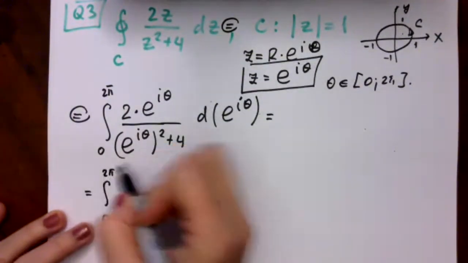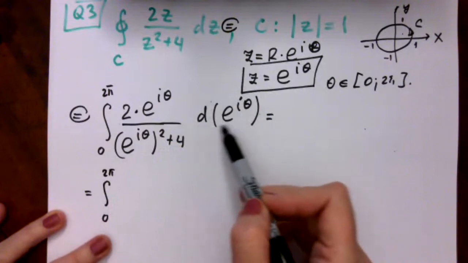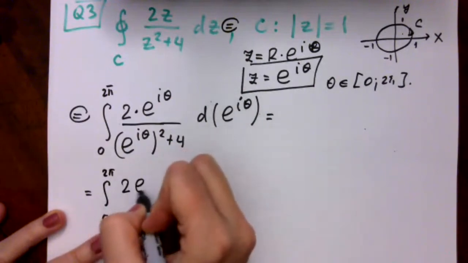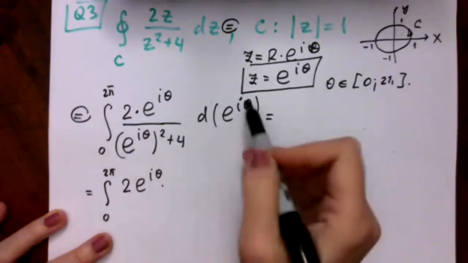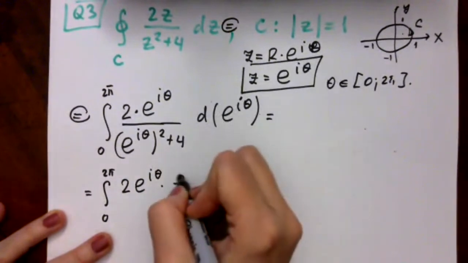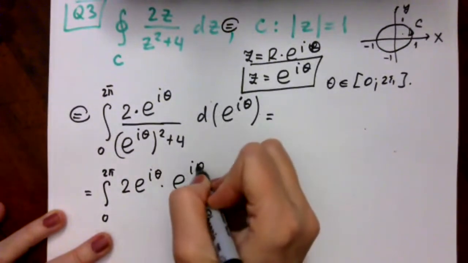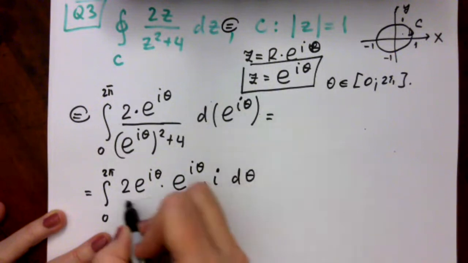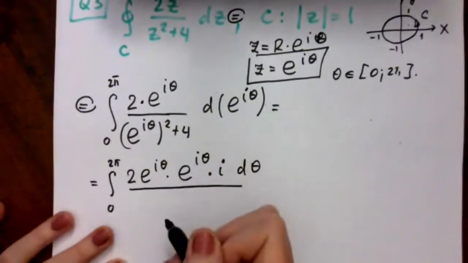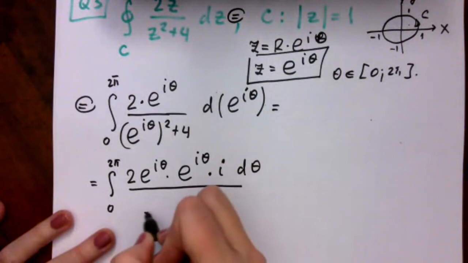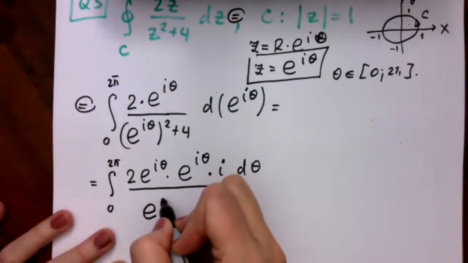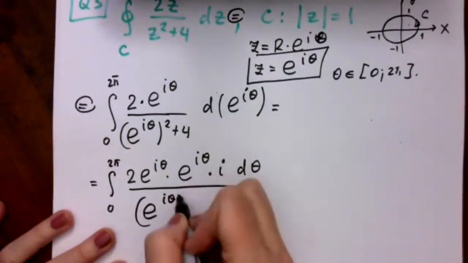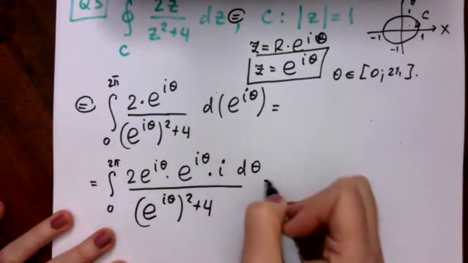What do we need to do in the first place? We need to calculate the differential of this function. So we need to take the derivative of this function, e to the power of i theta, times i d theta. And I'm rewriting the denominator, e to the power of i theta squared plus 4.